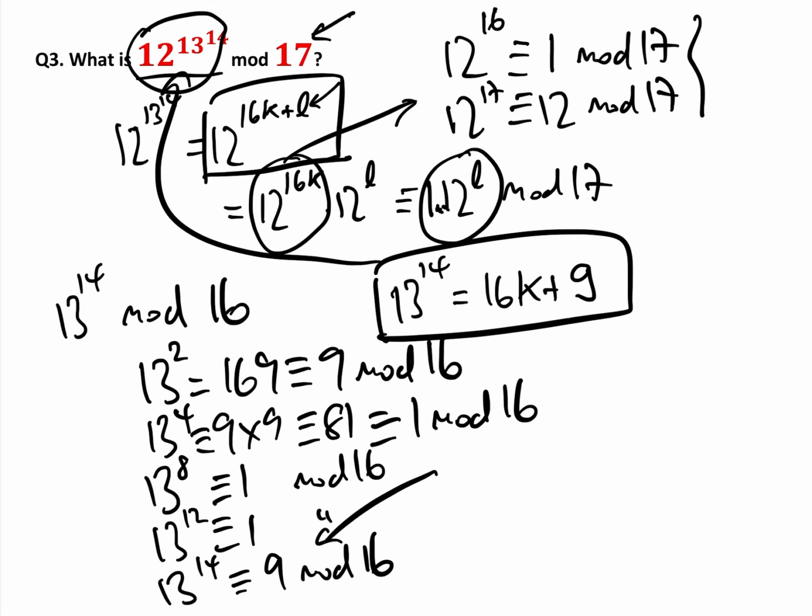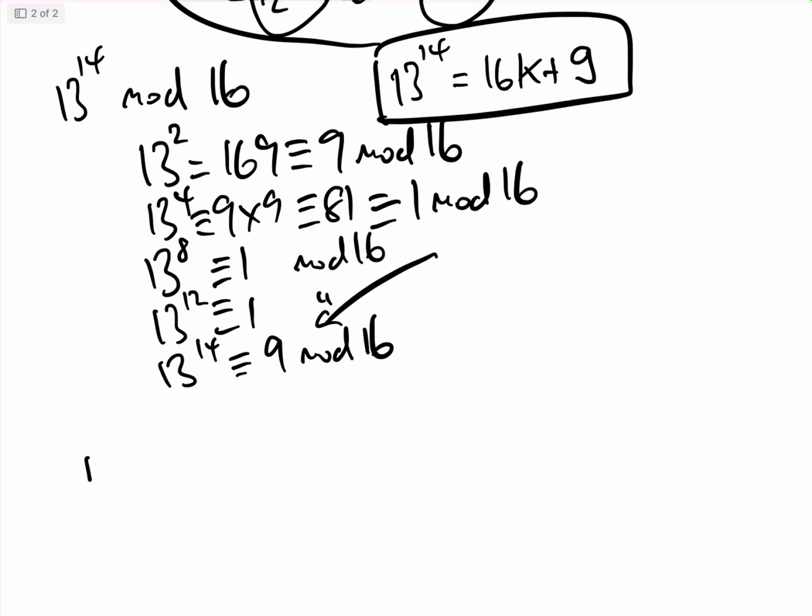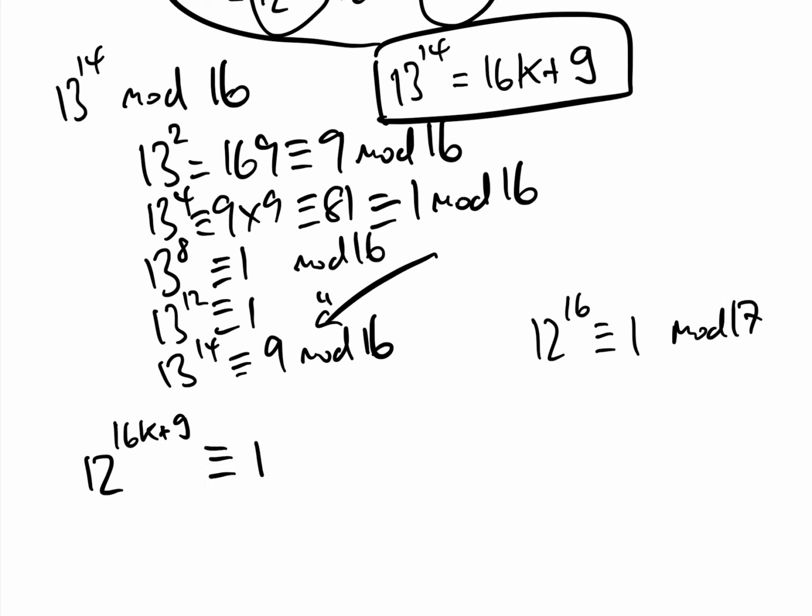Now with that we can stick that up here, and that gives us 12 to the power of 16k plus 9 for some k, and we've already worked out by Fermat's little theorem that 12 to the power of 16 is equal to 1 mod 17, and so therefore 12 to the 16k plus 9 is equal to 12 to the 9 mod 17.